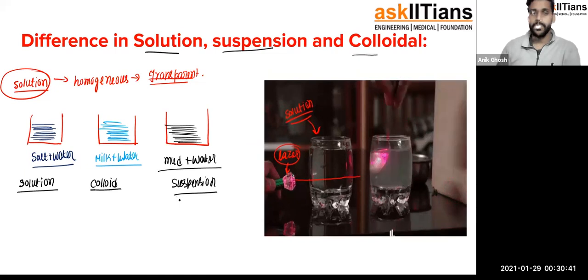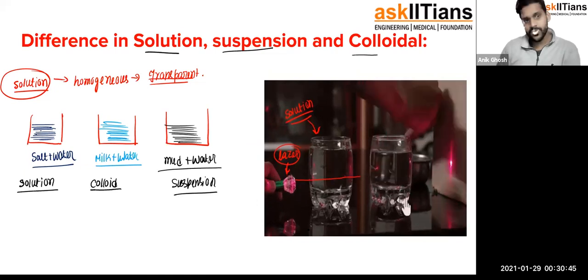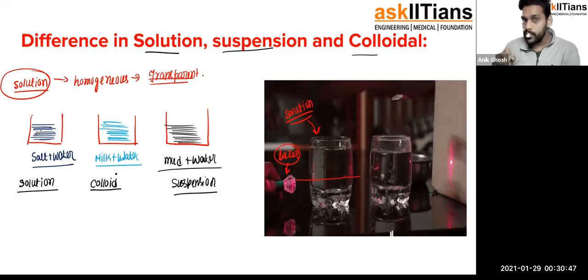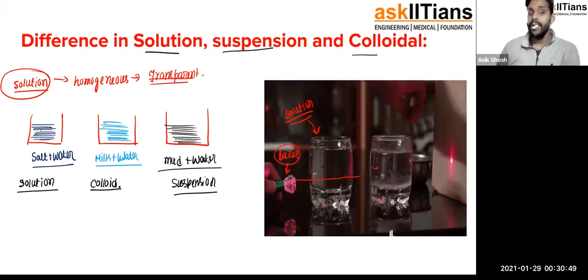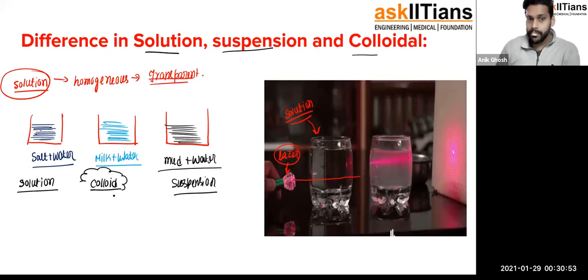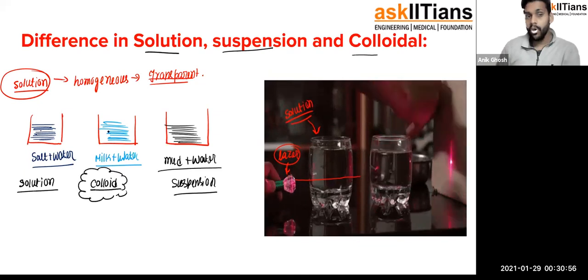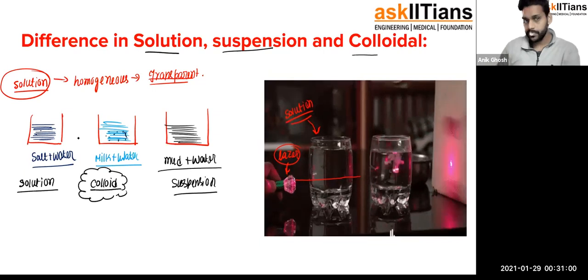Now, what would happen? For a solution, the particle size is so small that you cannot see the particles. There will be no such problem with that. But for a colloidal mixture, what would happen? For colloids, the particle sizes are a little bit big. So if you pass a light through it, what can happen?